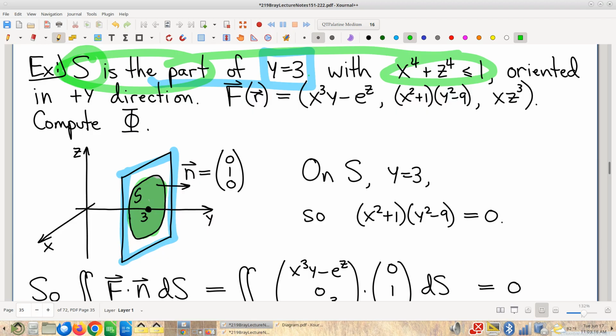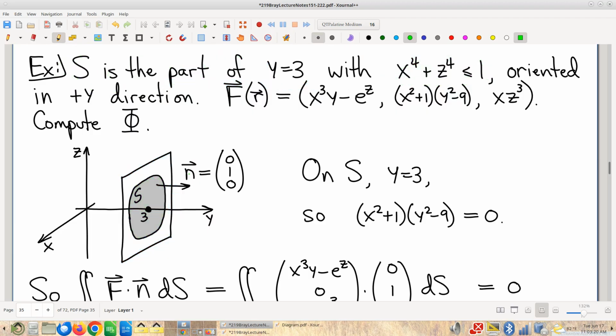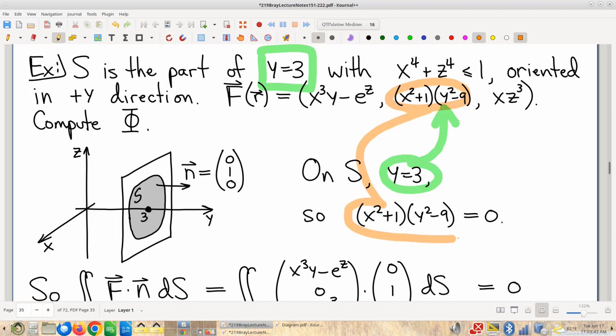So, okay, well, yeah, it could be, but let's look for convenient geometric good fortune. And here's the thing. The fact that y equals 3 immediately tells me 2 freebies. For one thing, because y equals 3, you plug that in there and you realize that the second coordinate of the vector field is 0.